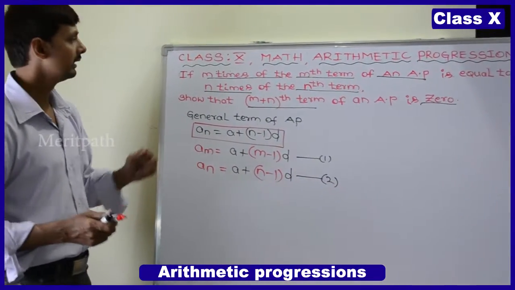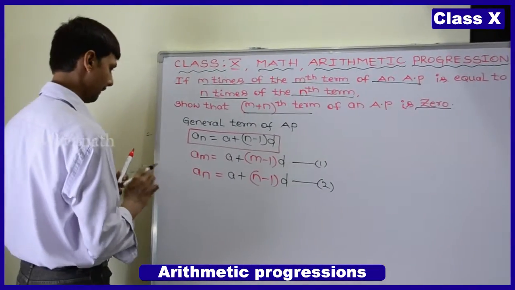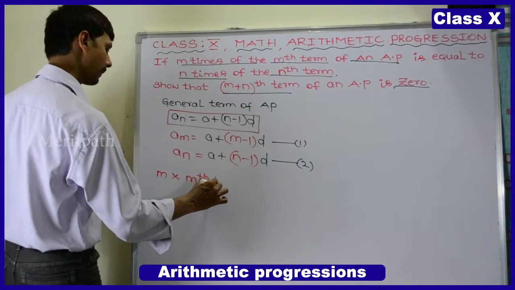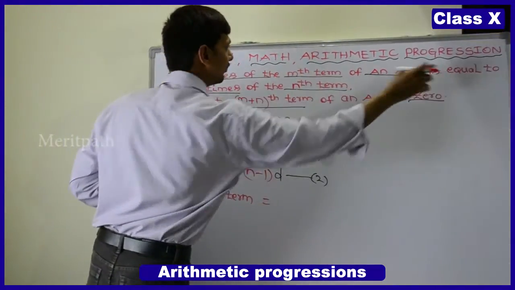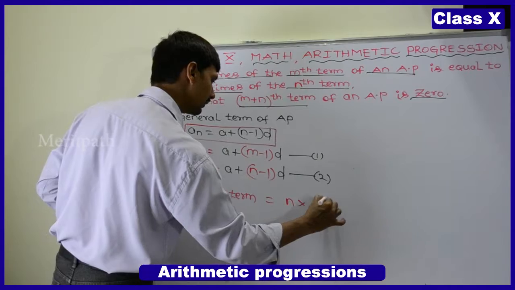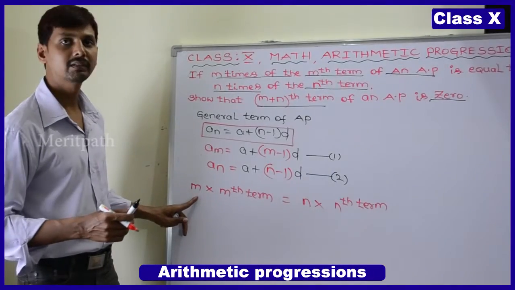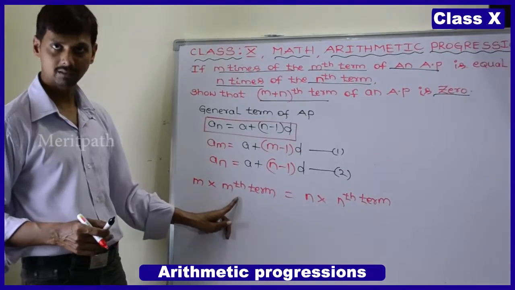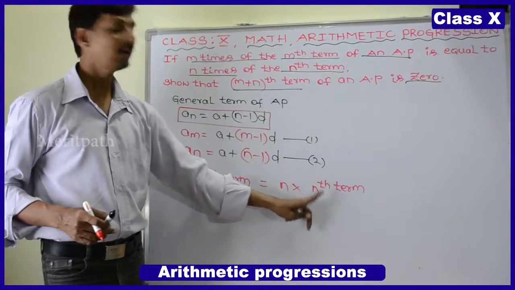Here it is given that m times the mth term is equal to n times the nth term, that is m into the mth term equals n into the nth term.